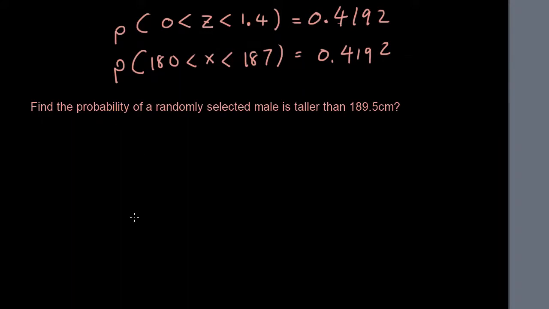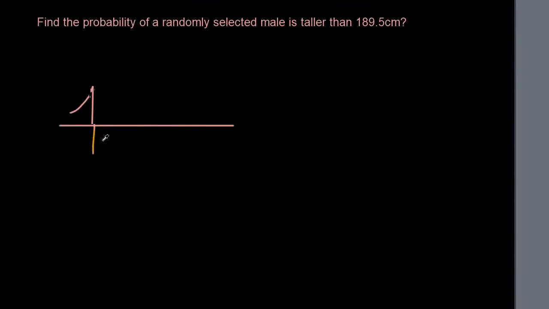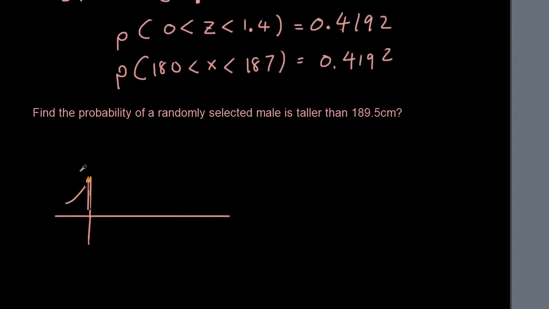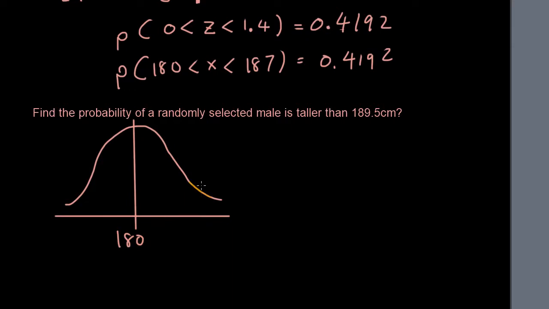But if we have a look, we have a normal distribution curve. Oops, accidentally pressed a button on my stylus, sorry about that. Very badly drawn curve with 180 in the middle, and 189.5 is somewhere here, and we want to find out the probability of a randomly selected student being bigger than 189.5.